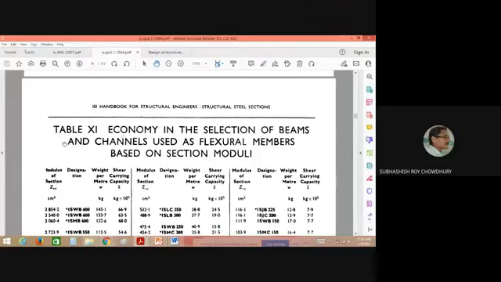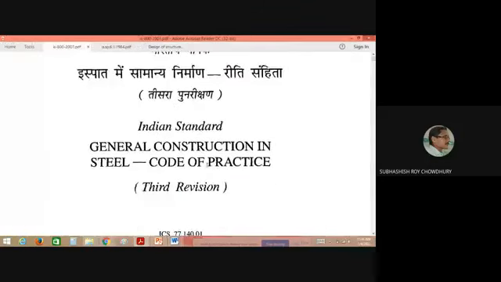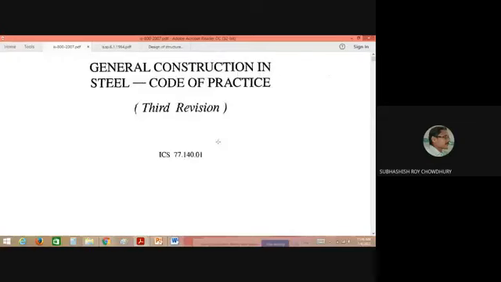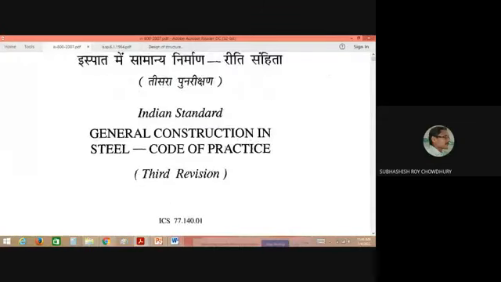In this particular revision of IS 800, you will see mainly the limit state method of design has been used. The working stress method is there, but emphasis has been given to following the limit state method of design. I will discuss that in our following classes.